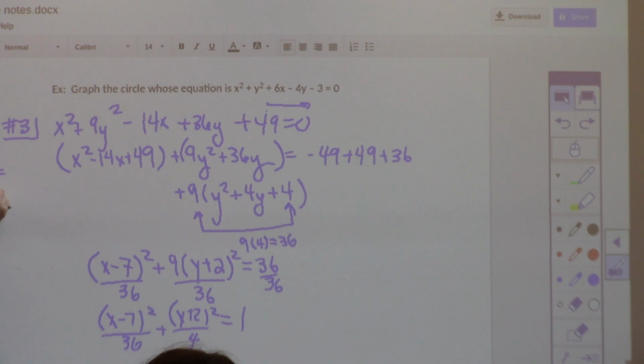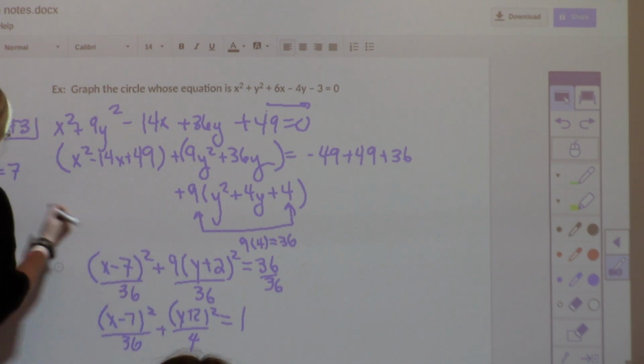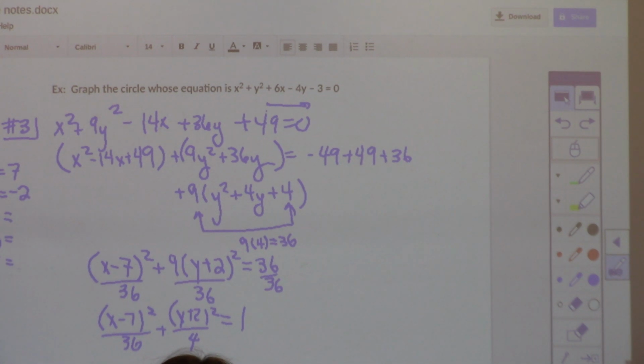I won't go ahead and graph it unless you need me to, but we'll do h, k, a, and b, right? And c. Because those are what we need to graph, correct? So what is h? 7. Yep, comes out of here, 7. What's k? Yep, comes out of here, -2. What's a? 6. Okay, the square root of 36, which is 6. And b? Square root of 4, which is 2.